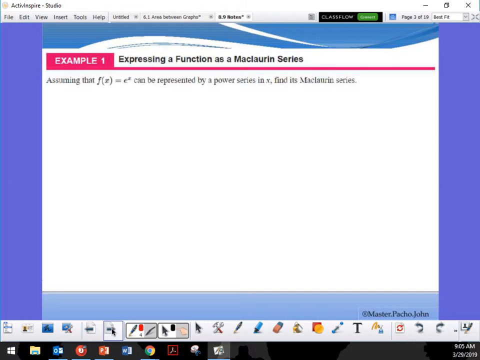First, I have this as my function. Let's go: f prime of x is e to the x. F double prime of x, please don't tell me you're doing this again.